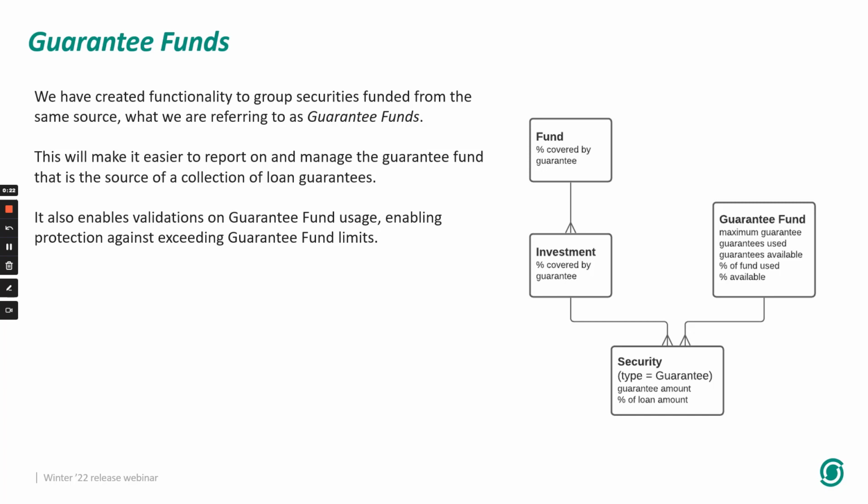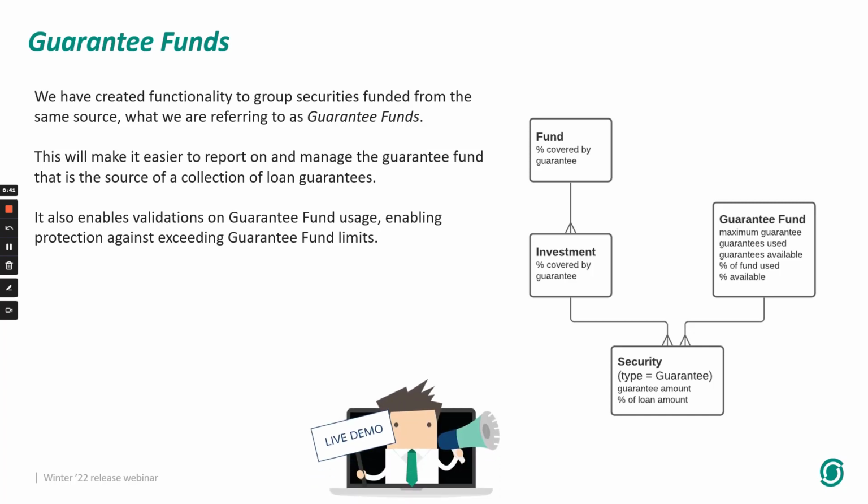This means we now have the ability to group securities funded from the same source together. This will make it easier to report on and manage the guarantee fund. And also it enables validations on a guarantee fund usage, for instance, enabling protection against exceeding guarantee fund limits. This last demo will be done by Ivy as well.